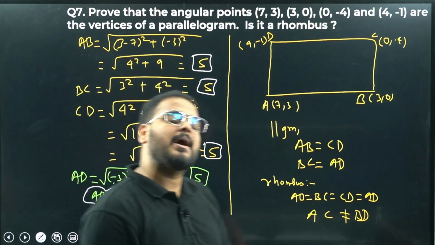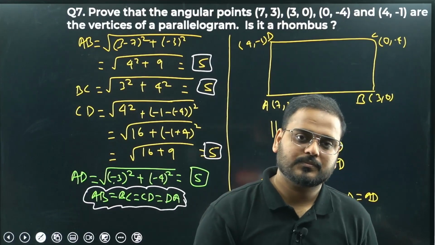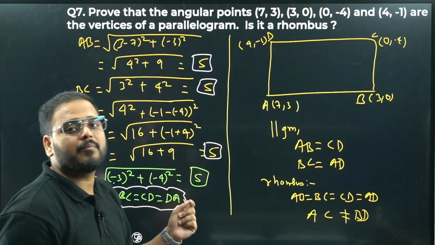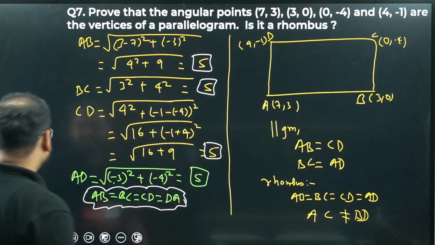But will it be a parallelogram also? Every rhombus is a parallelogram, right? So parallelogram is true. Let's check for rhombus. For a rhombus I have to check one more thing, AC and BD. Check the length AC now.